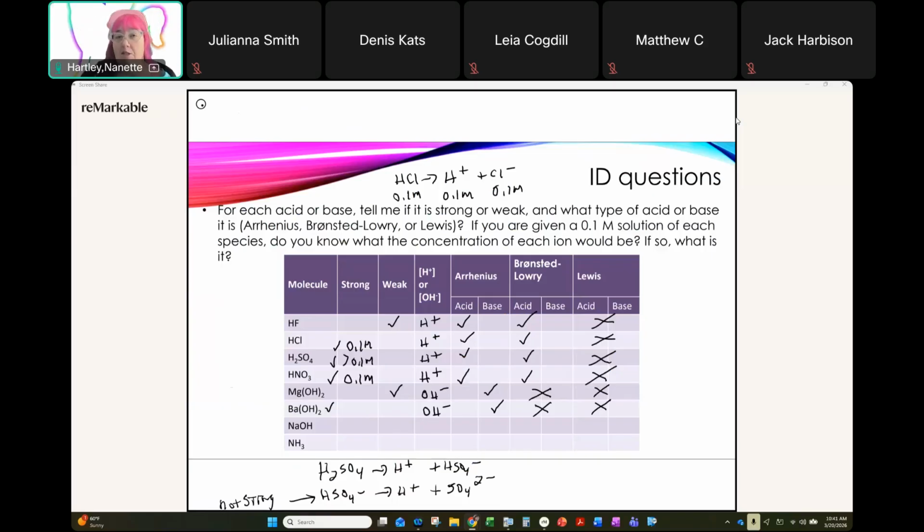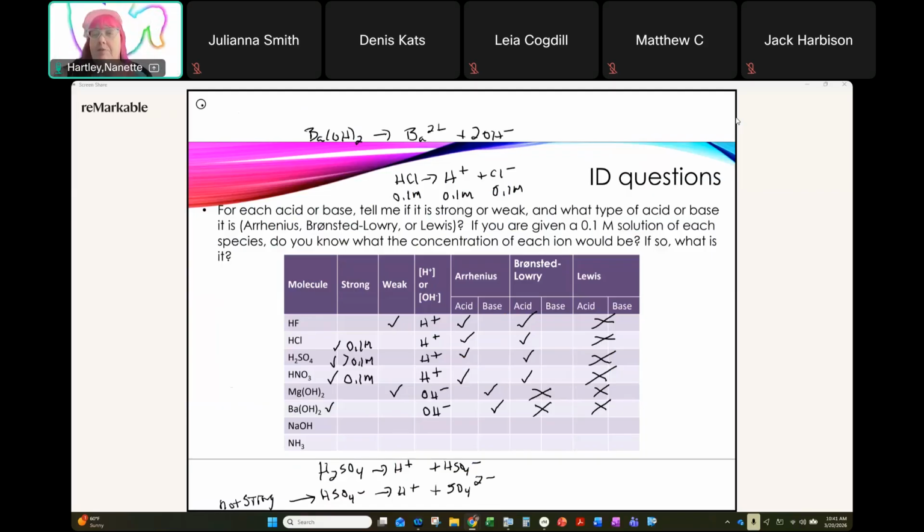Now, when we talk about concentration for Ba(OH)2, unlike what we talked about for H2SO4, this is a complete dissociation. Every time I take a Ba(OH)2 and put it into solution, I get a Ba2 plus and 2 OH minus. That is a one-step process.